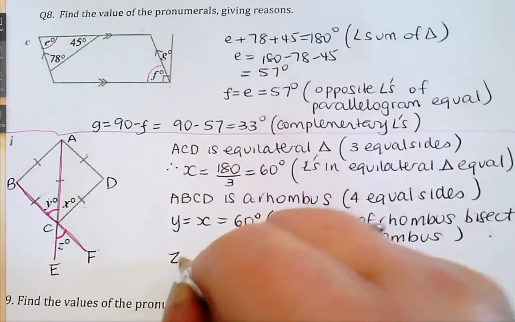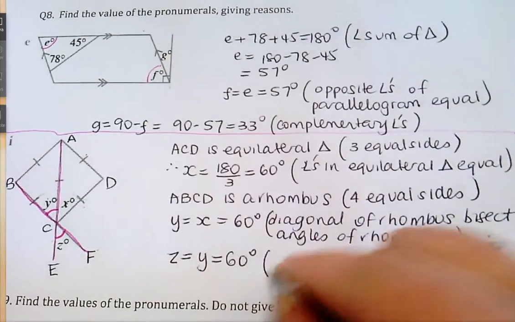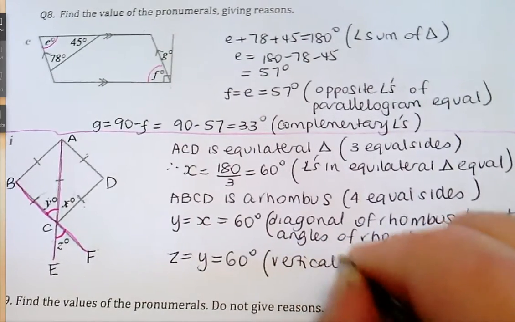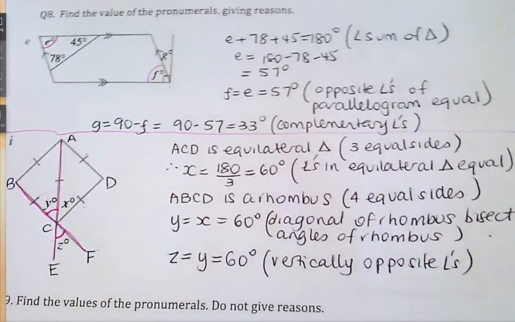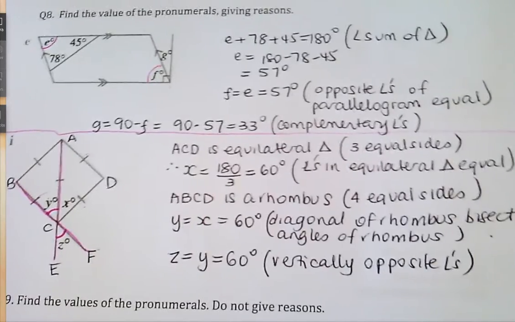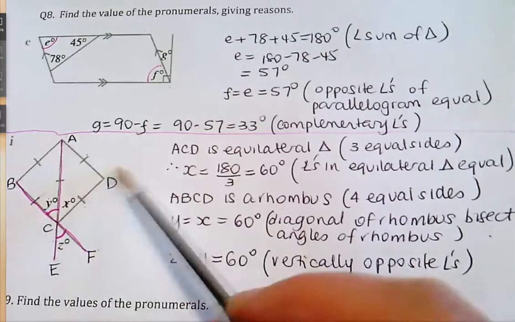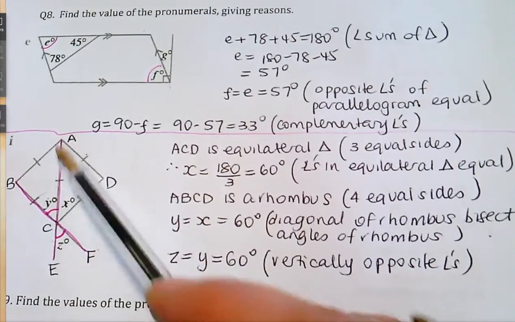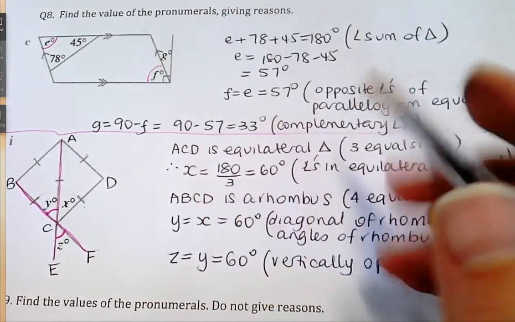So now I can say that Z equals Y, which equals 60, reason, vertically opposite angles. Okay, that is a bit of a tricky one, also because it's not drawn to scale. So you really needed the properties of an equilateral triangle here. You also needed to know the properties of a rhombus, that the diagonals bisect the angles of the rhombus.